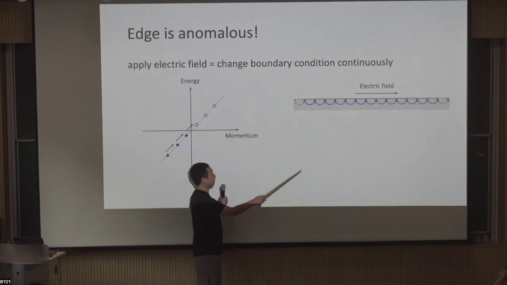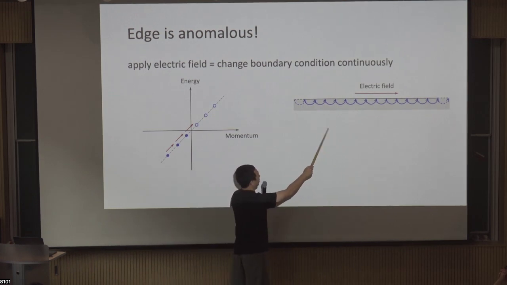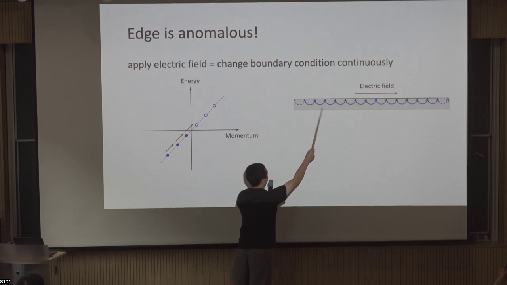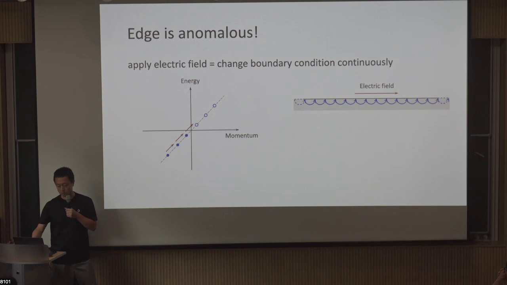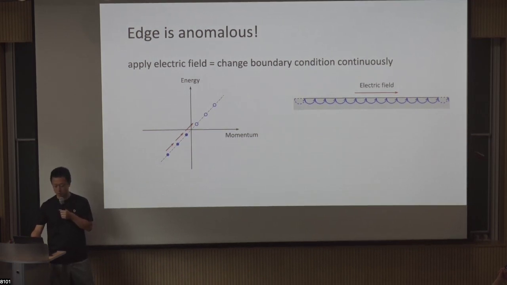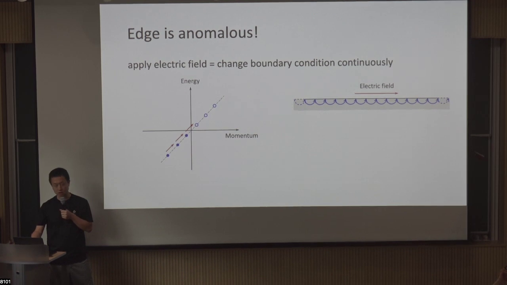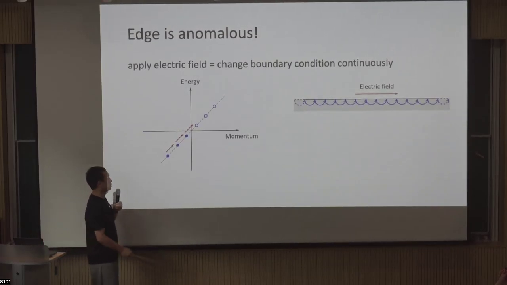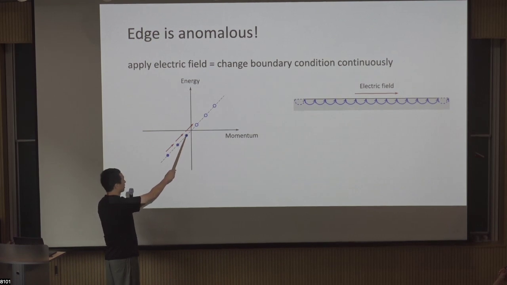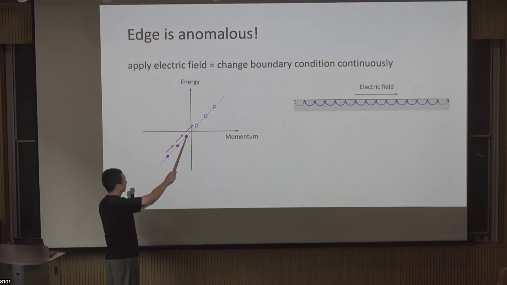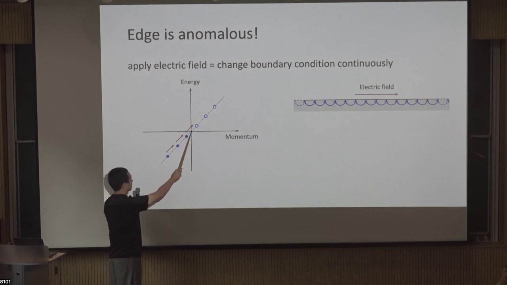So there will be an increasing of the vector potential along this direction. And you can view this vector potential as a boundary condition for the electrons in this one-dimensional system. So when you change the vector potential, it is like continuously changing the boundary condition. And when you change the boundary condition, you change your quantization condition. So your electrons in this picture can move around. And when you continuously change, it will just move up, up, up.